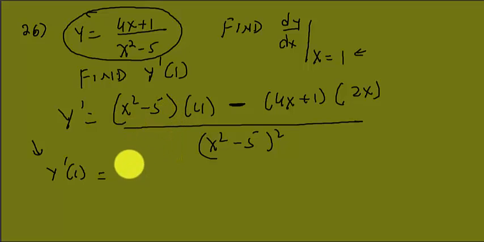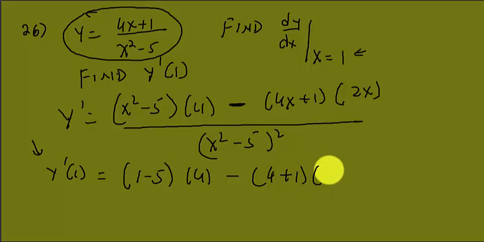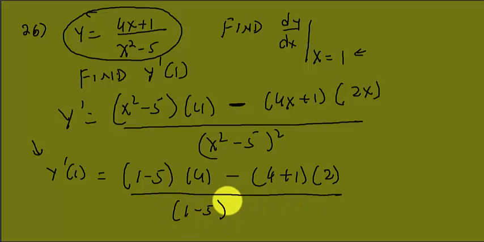So when I plug in 1, I'm going to get 1 squared minus 5, which is 1 minus 5, times 4. And then minus, when I plug in 1, I'm going to get 4 plus 1 times 2 times 1, which is 2. And all that's going to be over 1 squared minus 5, squared. So if we clean this up, this is negative 4 times 4, which is negative 16.